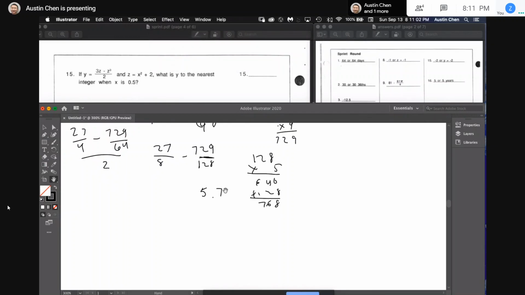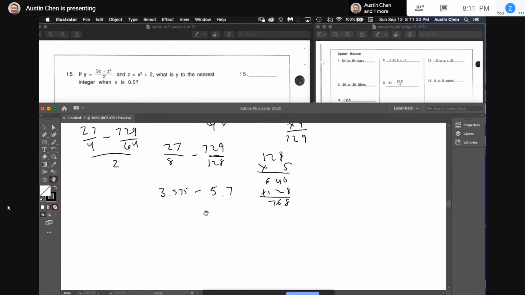And then 27 over 8: 24 over 8 is 3, so that's just 3 plus 3/8, which is 3.375, minus 5.7. Did I do that right? Yeah, looks like it.